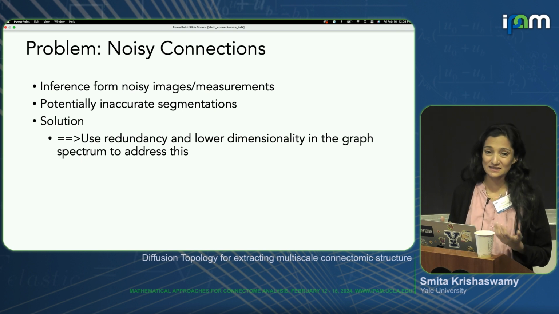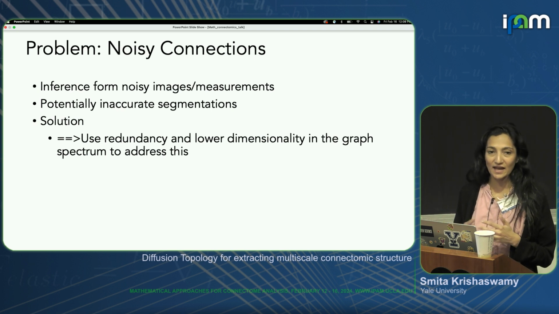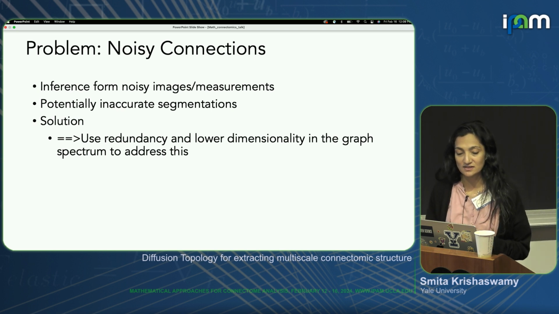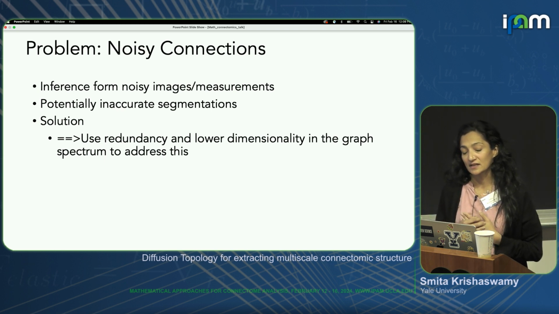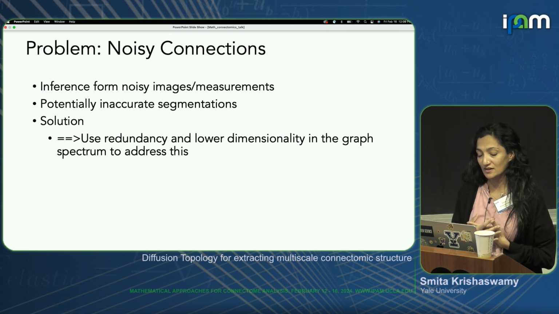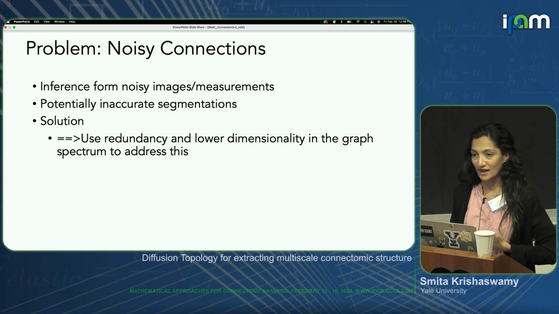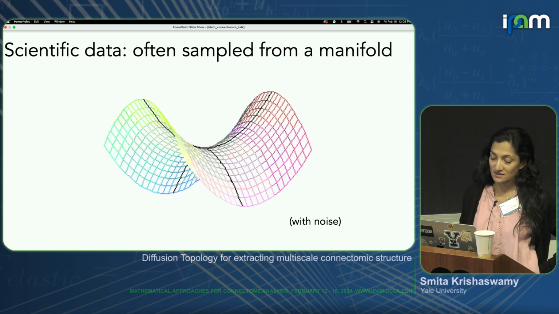And some of the pre-processing steps, whether it's segmentation or pre-processing, can actually add a little bit of inaccuracy to this. And so one of the solutions that we started developing early on, since maybe the start of my lab in about 2015, is to use the lower dimensional intrinsic space and redundancy in the graphs, whether it's graphs created from cells or neurons, to try to address this.